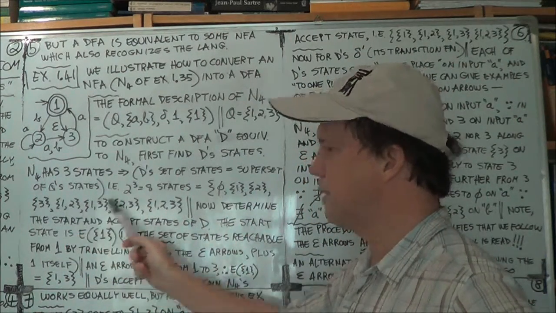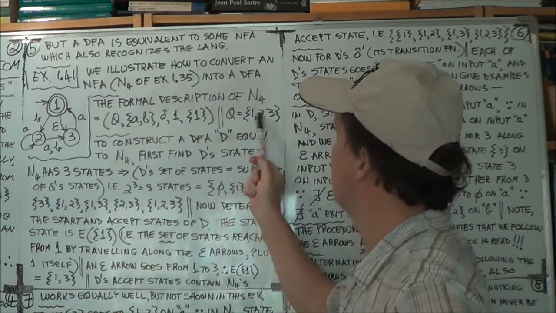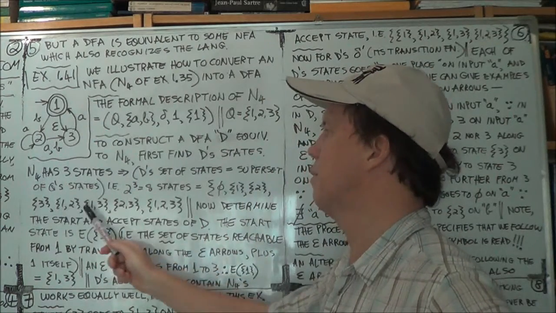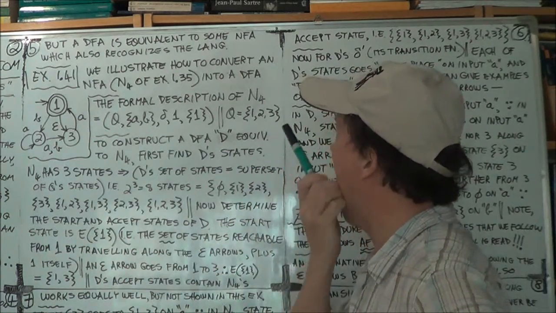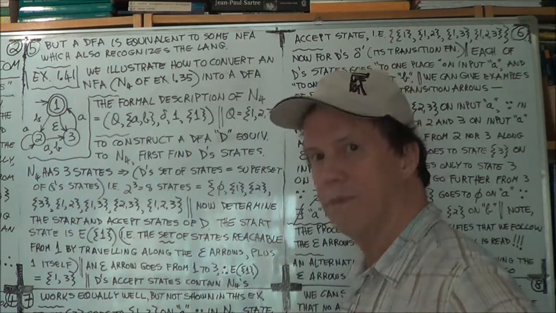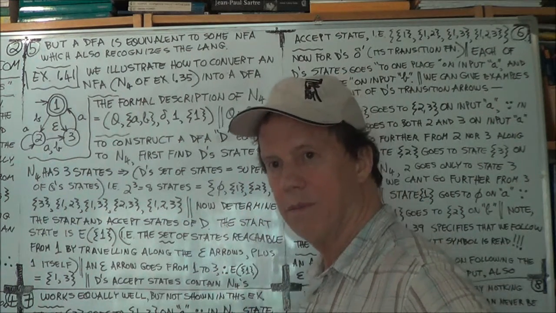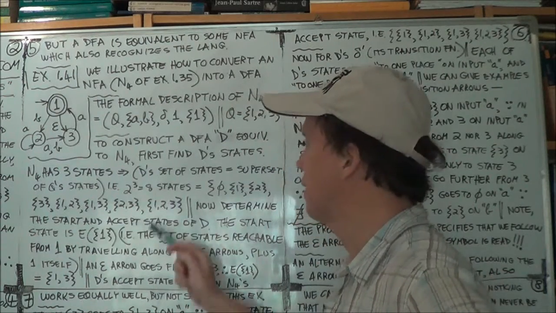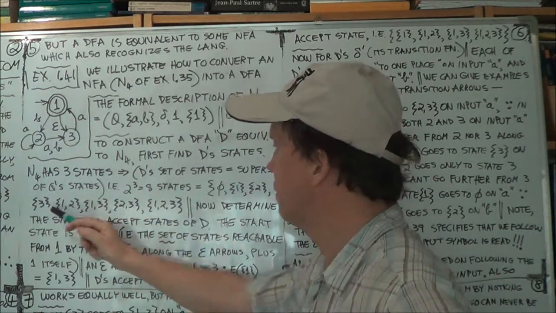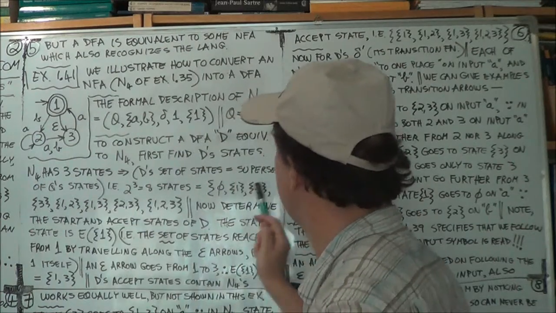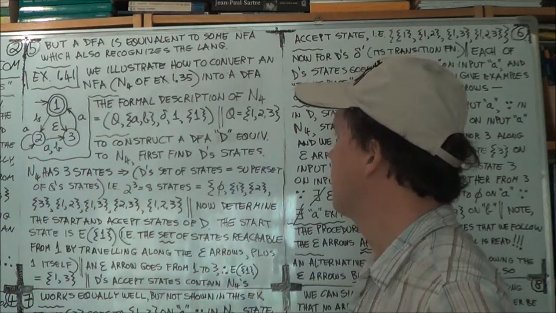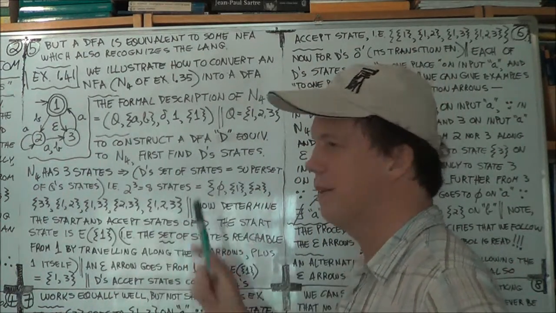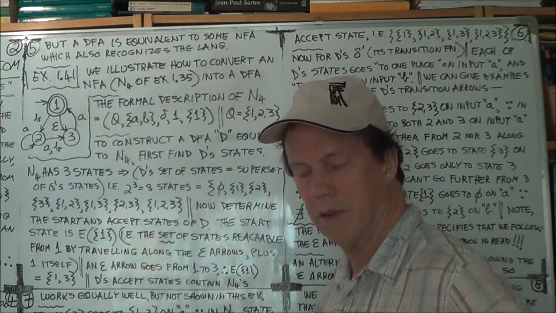And then the subsets with 2 elements, 2 of these 3 in it, systematically 1,2, 1,3, 2,3. And the whole set itself is still a subset. It's an improper subset, but it's still a subset. So that's 8. There are the 8 states of your D.